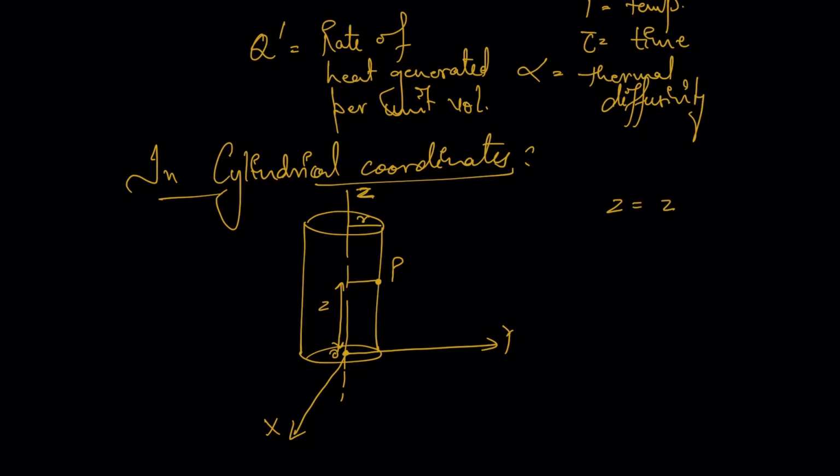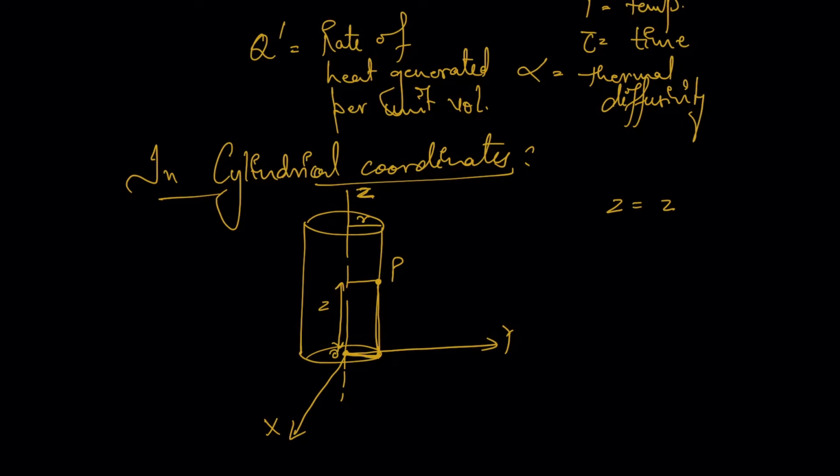If you draw a perpendicular here on the xy plane, you will get a point, and if you draw from the origin, this is the radius, right? Because the point P is on the surface, if you drop a perpendicular on the xy plane, it will be on the ring, and the radius will be similarly r.